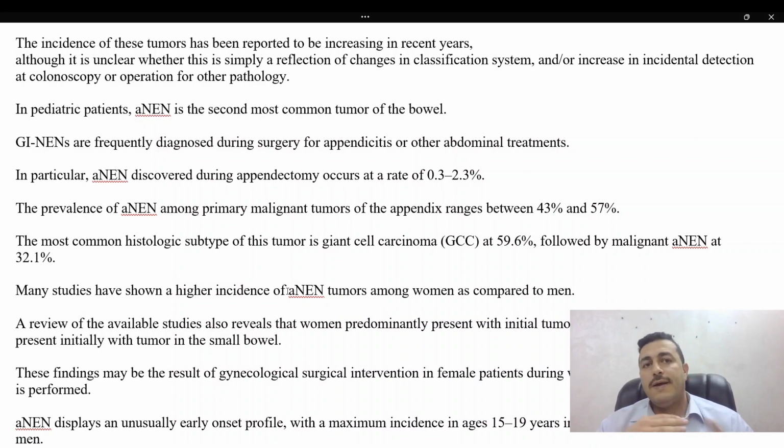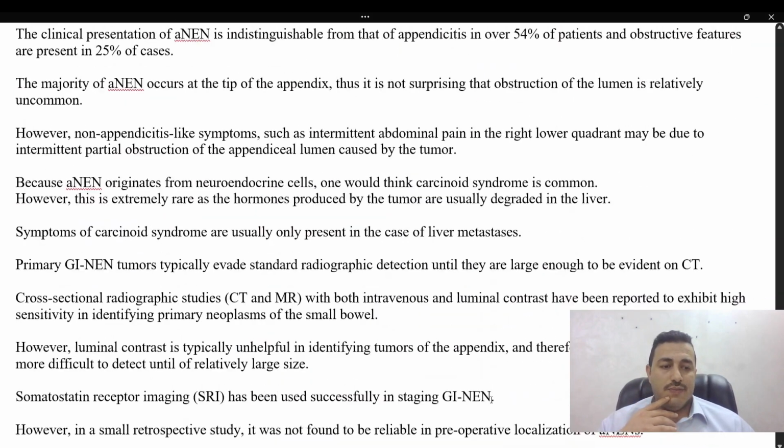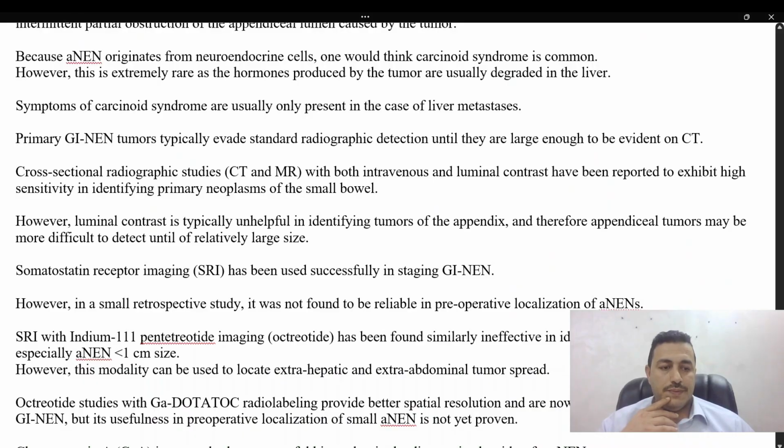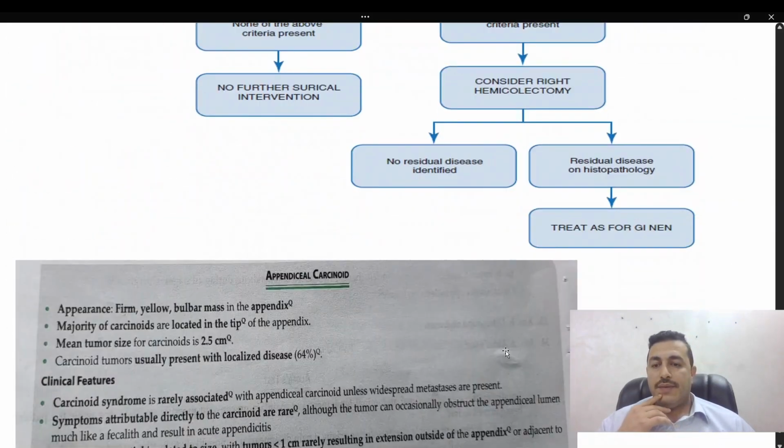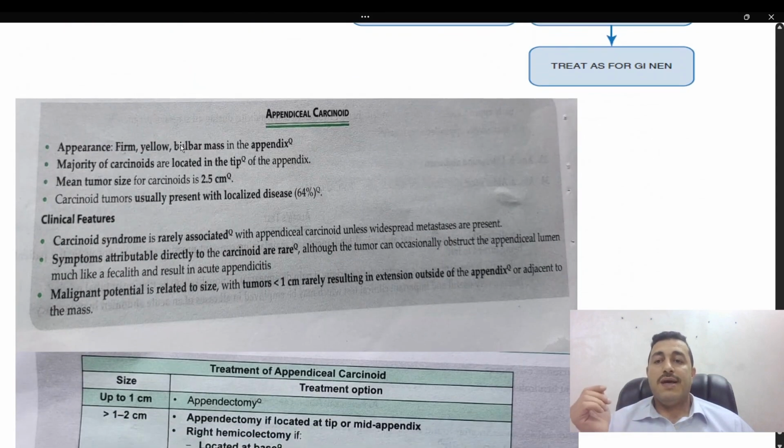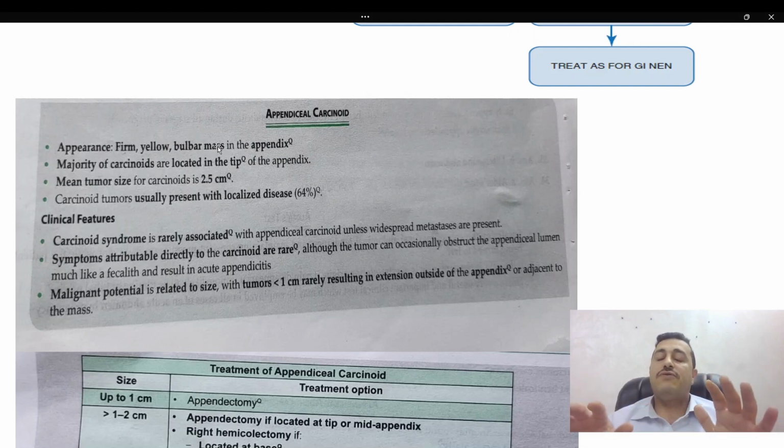What else can we add? Let's move a little bit below. Here, the appearance, it's a firm, yellow, pulpar mass. I didn't include any picture because even microscopic appearance is not enough to diagnose, but it looks like lipid, and for that reason, in the past, they thought that goblet cell adenocarcinoma is a type of neuroendocrine tumor.